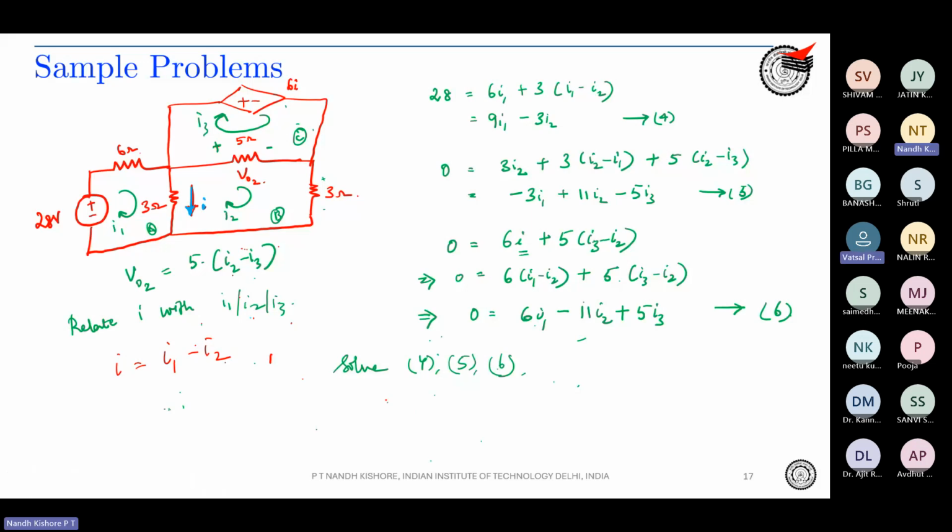I have solved, but my directions are different. No worries, you can tell me the absolute values also. Or I can also solve this.